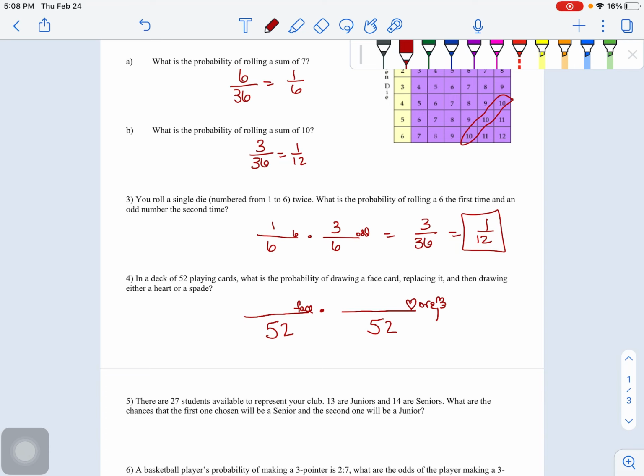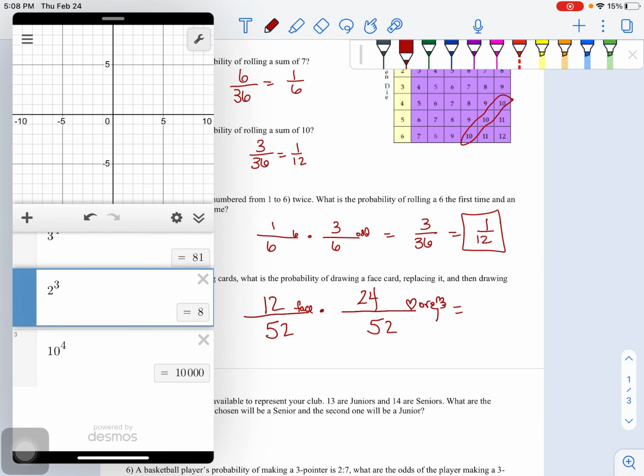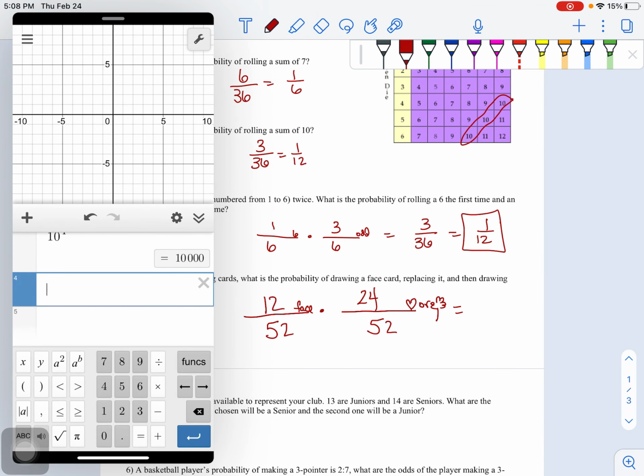So how many face cards are there? Well, there's jack, queen, and king of every suit. So that would be 12, right? For the hearts, diamonds, clubs, and spades. So that's 12. And now a heart or a spade, each suit has 12 of that suit. So 12 and 12 make 24. And of course, we're going to have to reduce that, but let's see.